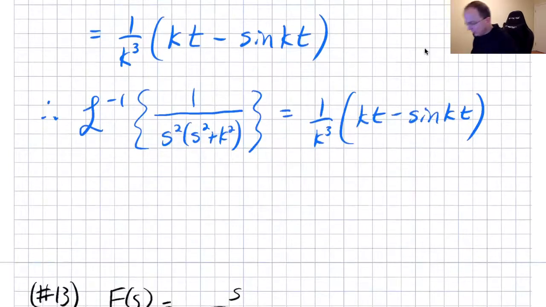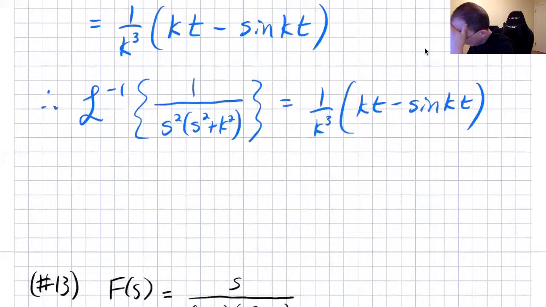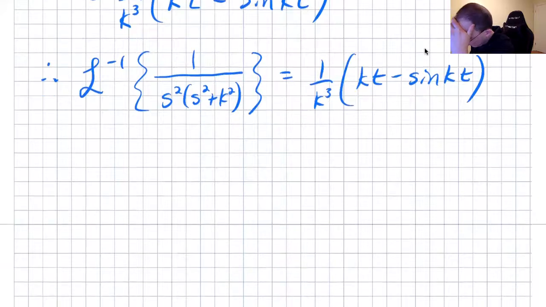And actually, this we can check. So why don't we check to make sure that we did the right thing? Because it's very easy to take the Laplace transform of this function on the right. So let's check.